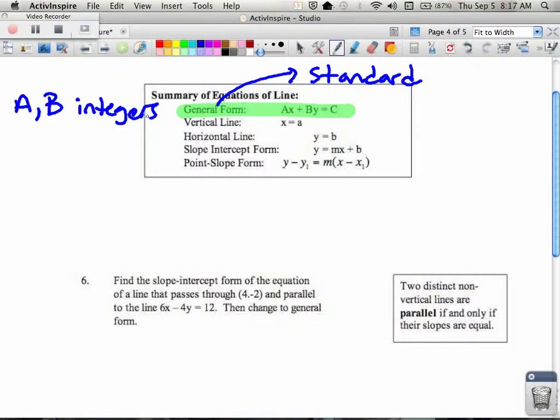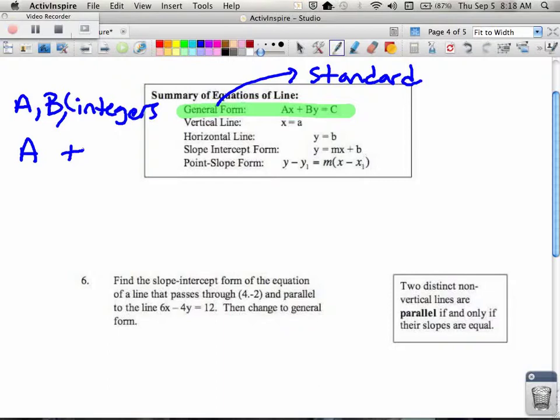Okay, so no fractions. So a, b, and c, pardon me, a, b, and c are integers. Also, the a is positive. So on your test coming up on Monday, you will have to know that you can't have any fractions or decimals, and when you have the a, it has to be positive.